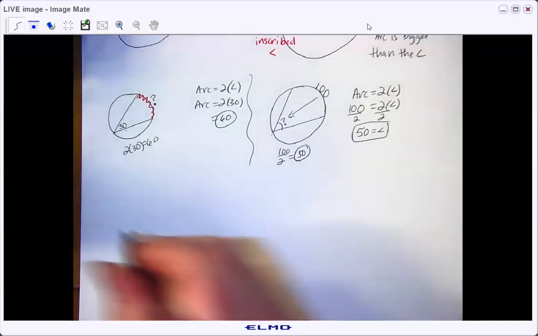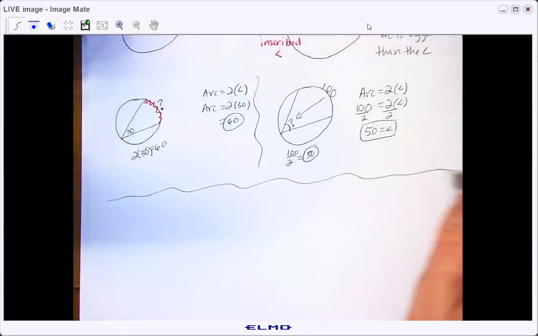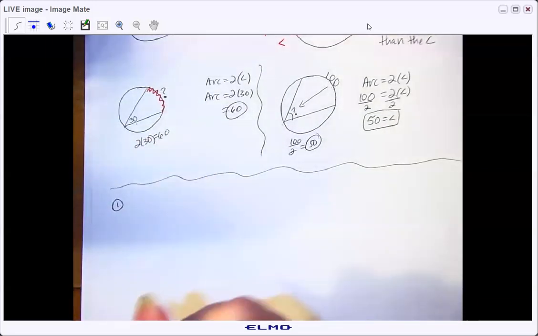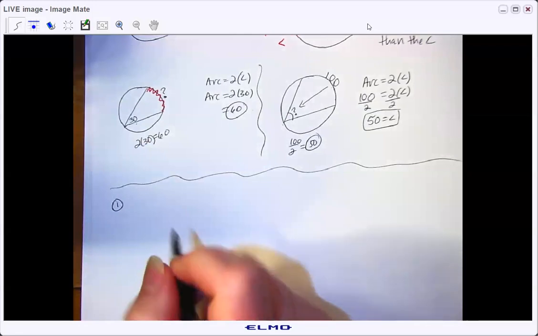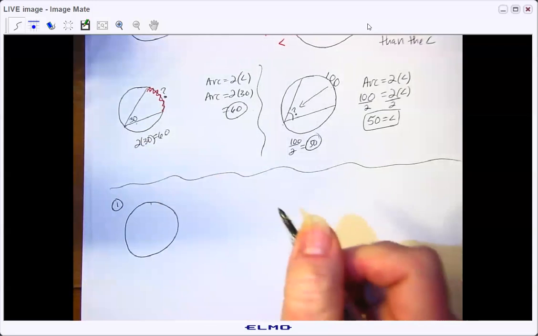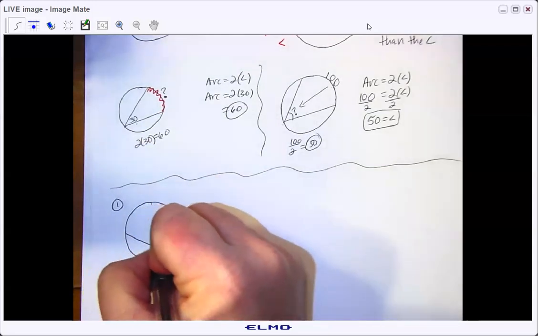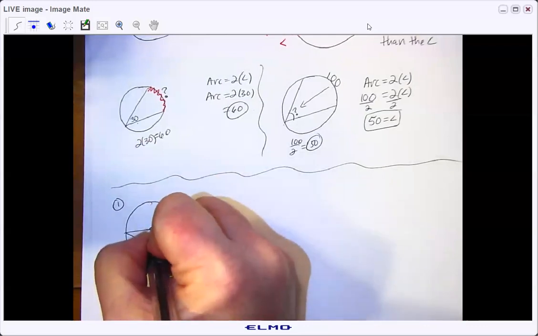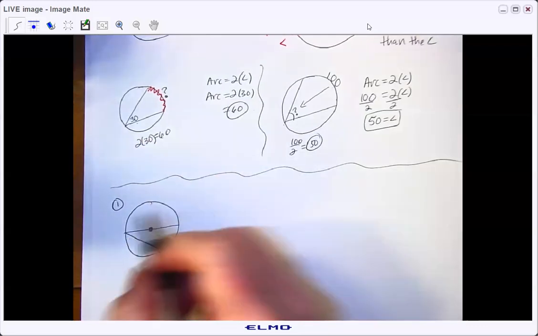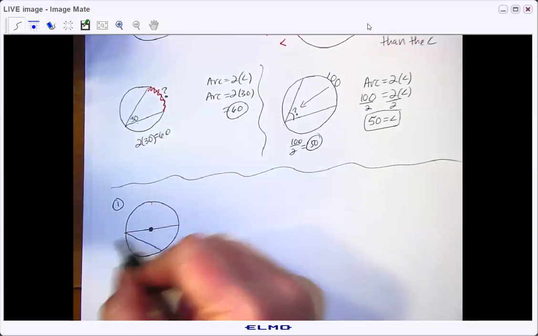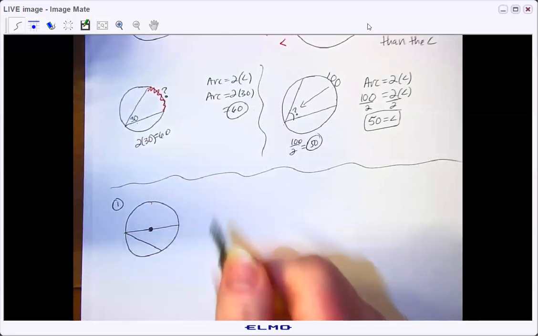Okay, so we're going to start doing some from the homework assignment. Number 1, I'm not going to go in order, but very similar to the examples we were just doing. So this one, they actually tell us that this line is a diameter. We know that because it goes through the center and it goes all the way across side to side.